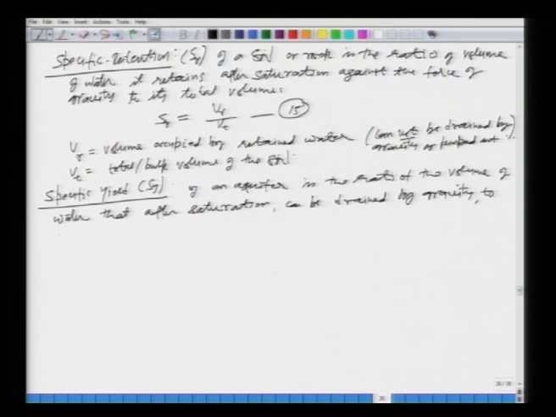That is the ratio. And this we can write as V y over V t.